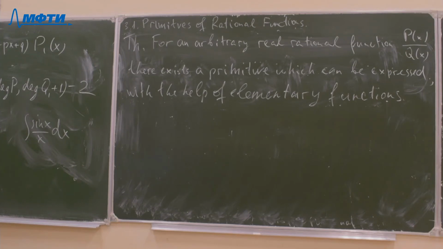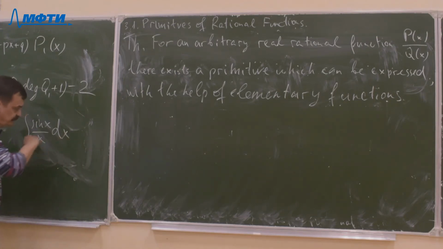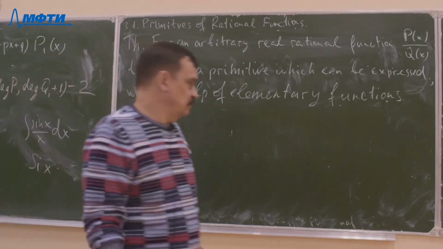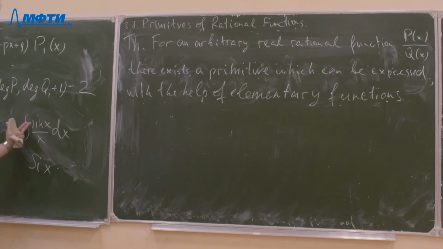Sometimes it is called a special function, the integral sine, denoted by that, and so on. So there are many very simple functions, but you cannot find a primitive in terms of elementary functions.